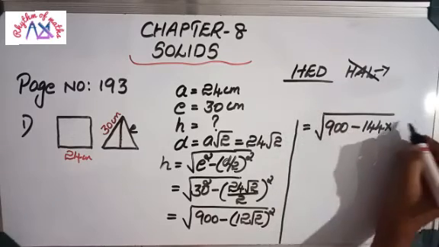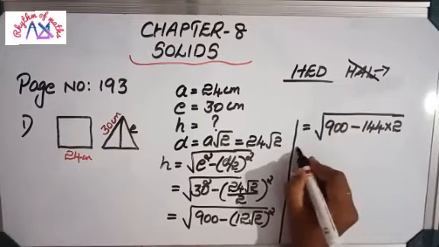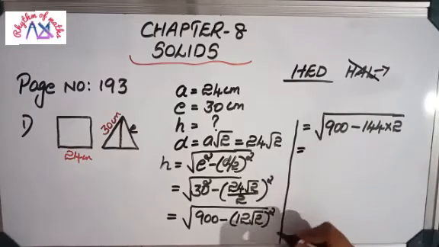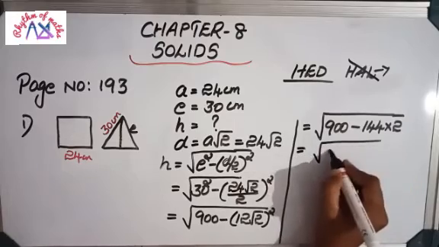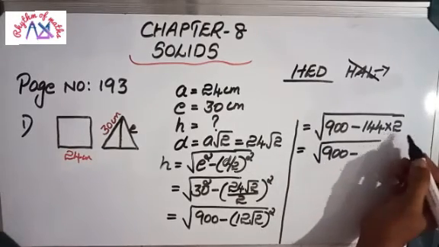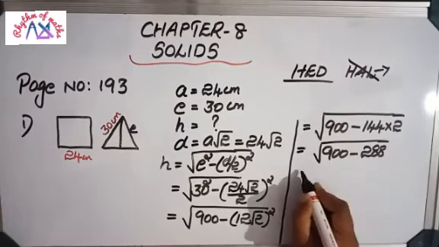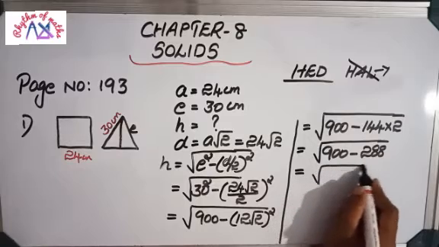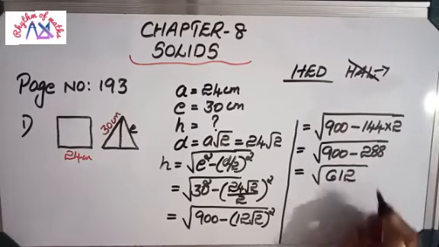That means we can cancel and write the number. That is into 2. Okay. This is the method to simplify. Okay, so that is equal to 900 minus 144 into 2, that is 288. Okay, that is equal to root of, when you subtract this you will get 612 as the answer.